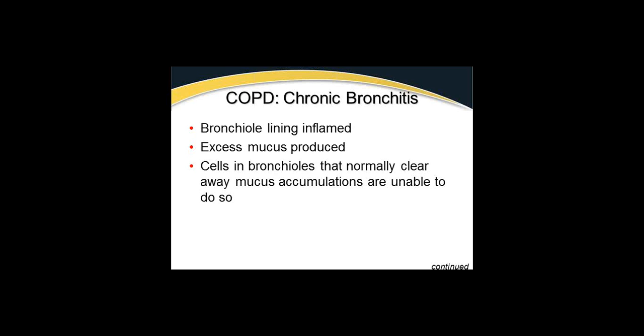People who are smokers are doing themselves no favors by continuing to smoke after they've gotten COPD. Smoke paralyzes the cilia. The cilia are the fine little hairs that sweep away the dirt and the mucus from the lungs themselves.